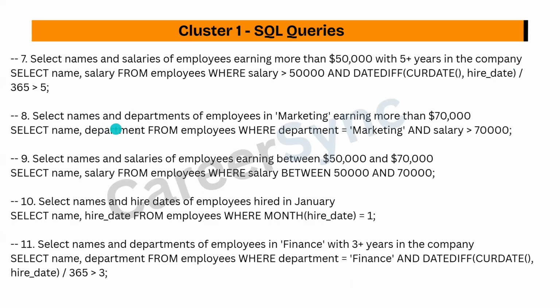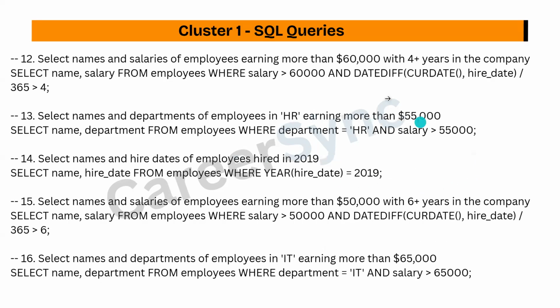Now, the eighth one is select names and departments of employees in marketing earning more than 70,000. So totally, the questions are based on salary and which department they are working in. You need to learn and work on this. These are all the queries.